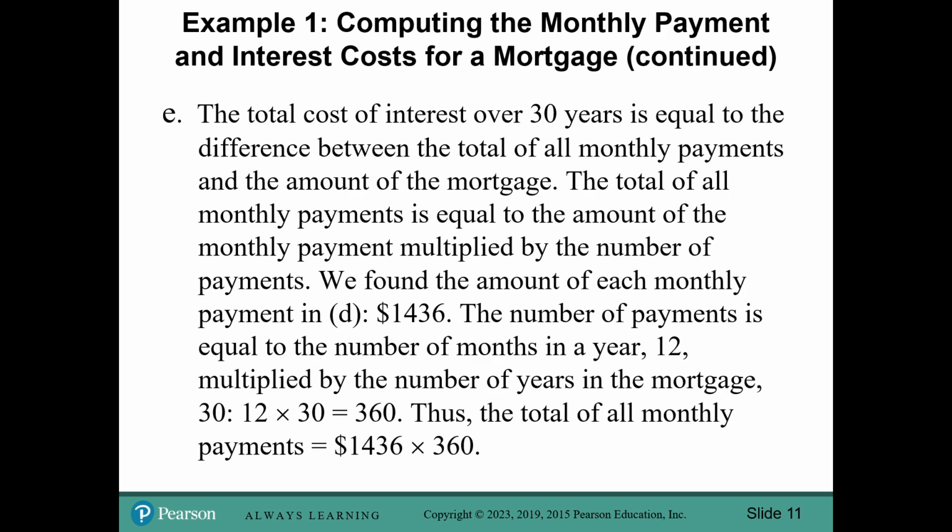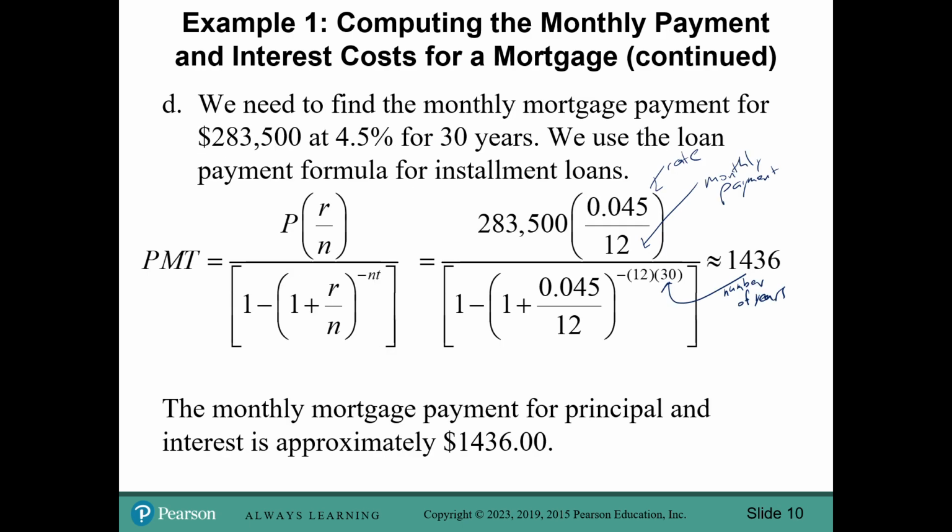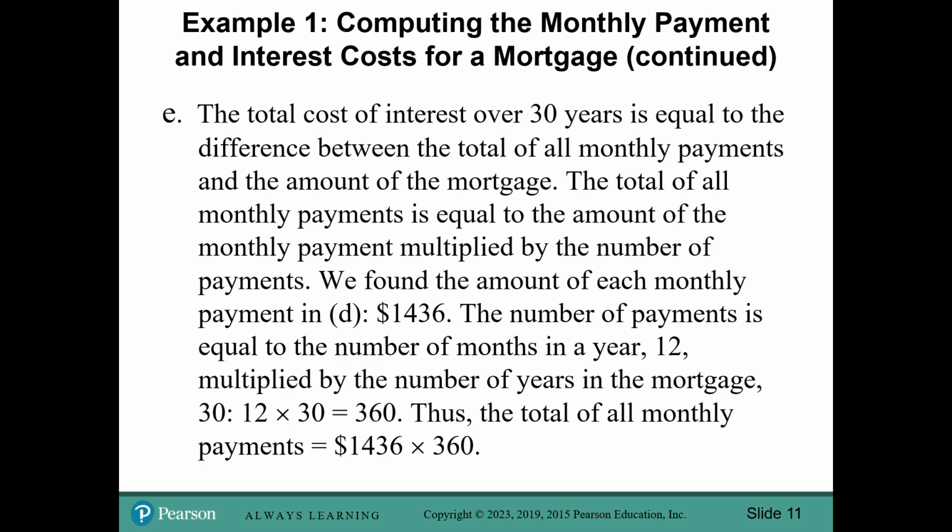In Part D, we found that our monthly payment was $1,436, and we're paying 12 payments a year for 30 years. So that's where we break this down. That's the number of payments we're making.